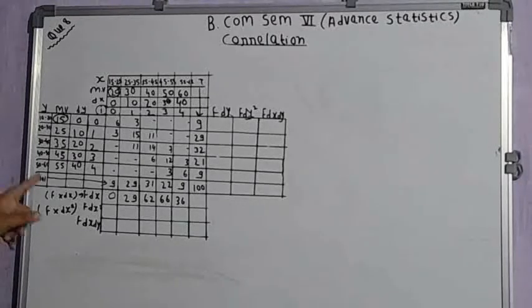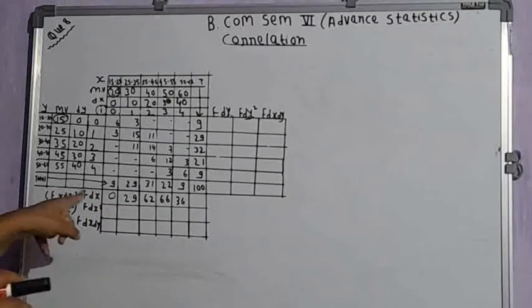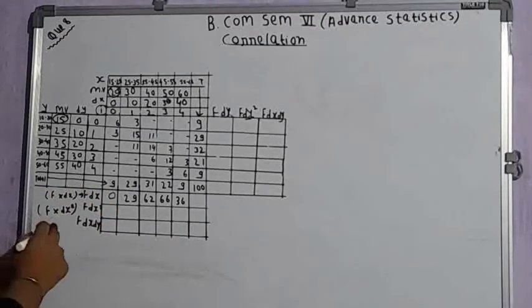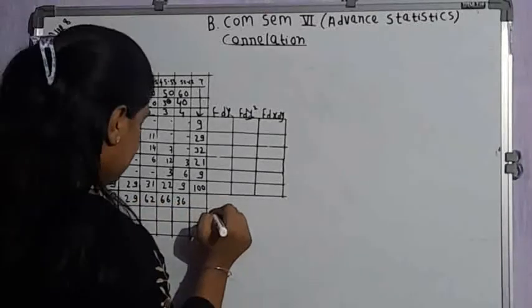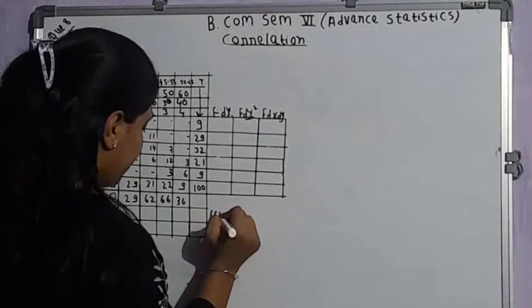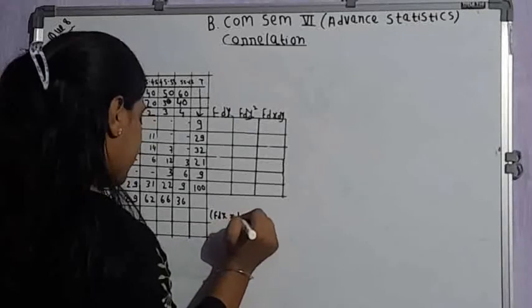But here we cannot directly do f dx into f dx, because f dx square refers to f into dx square. So how are we going to calculate it? It will be calculated by taking f dx into dx.